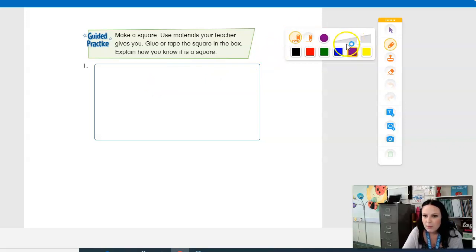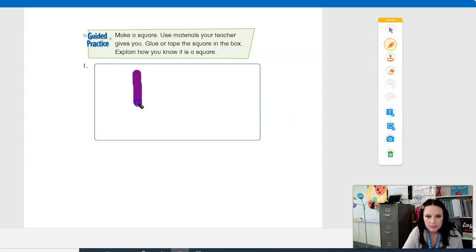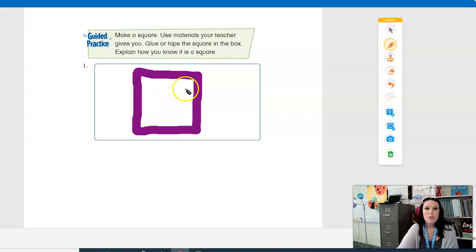So I'm going to use my purple pen and I am going to make a square. Now mine might not be as perfect as I want it to be, but that is okay. Alrighty, so there is my square.